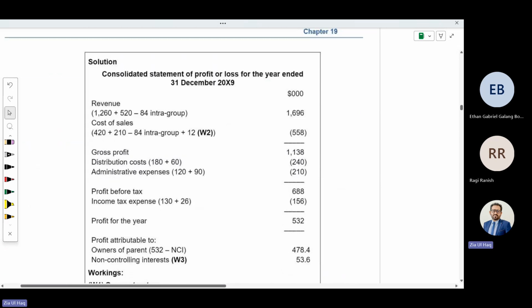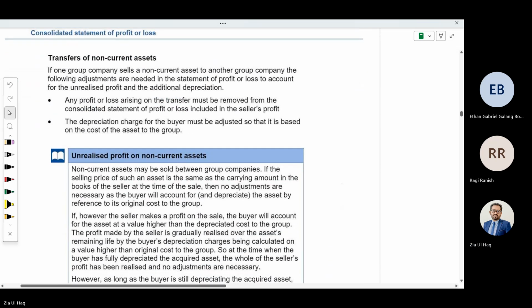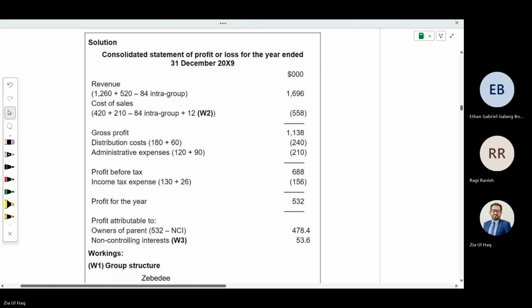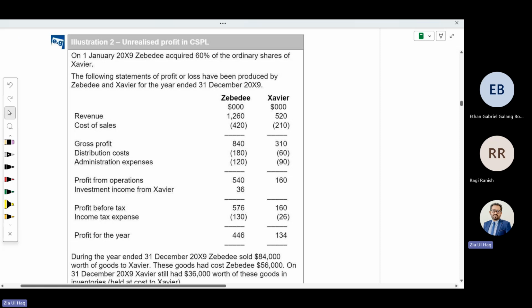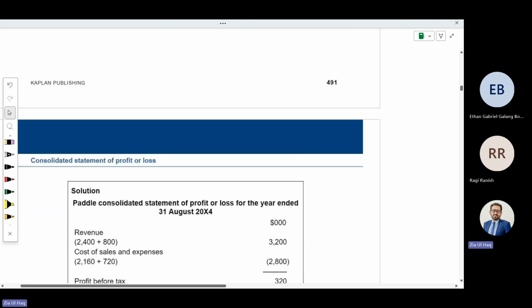Let's move forward. Let's discuss this textual understanding too. I'll start from textual understanding one, illustration one.